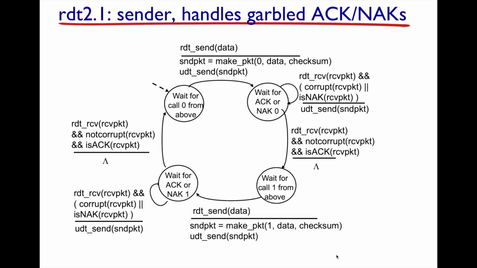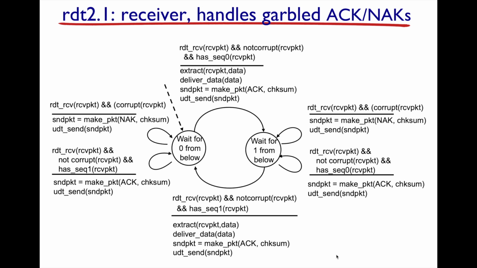All right. So let's take a look at the receiver side. Now, the receiver side might look like a bit to parse here. It's 2 states, and there's a lot of decoration on these states. But let's first, at a high level, think about what these states are doing, and then we'll unpack each of the things that can occur when you're in a certain state and look at the specific edge transitions. And so here, we start out in wait for 0 from below.